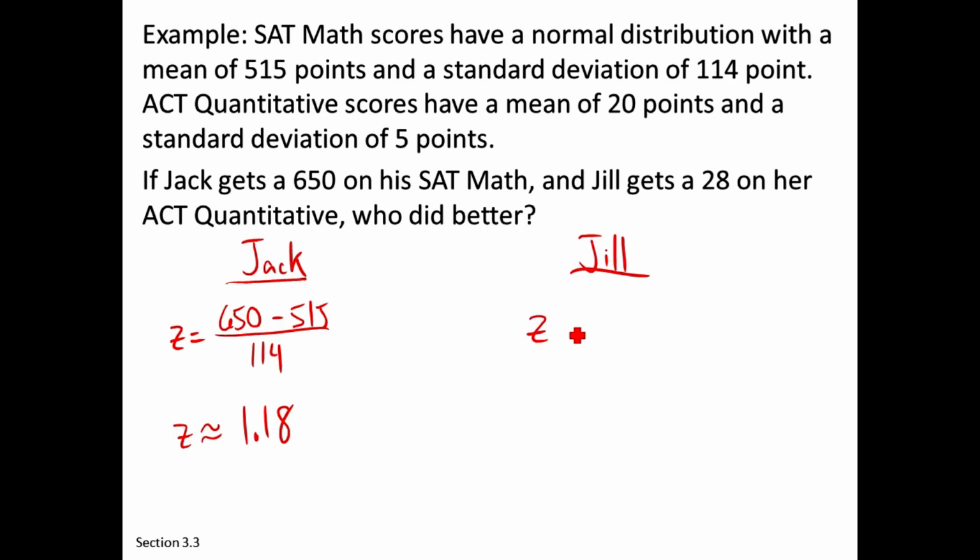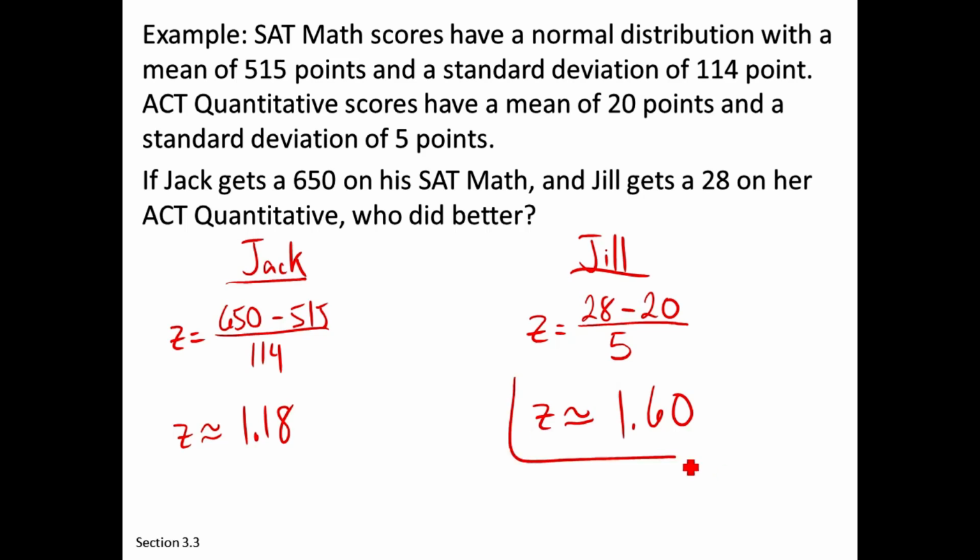If you look at how Jill did on hers, she scored a 28 on a test that had a mean of 20 and a standard deviation of 5. So what is her z-score? 1.60. It's exactly 1.6, isn't it? So who did relatively better?